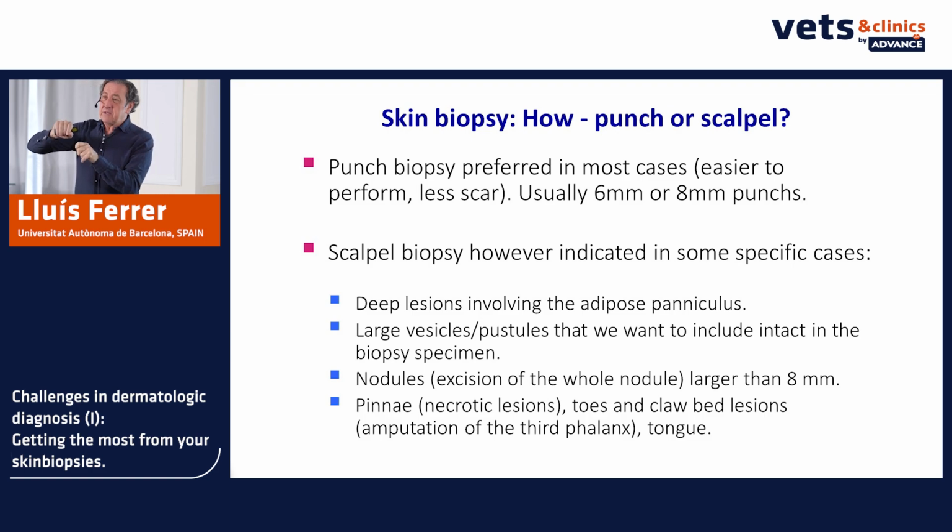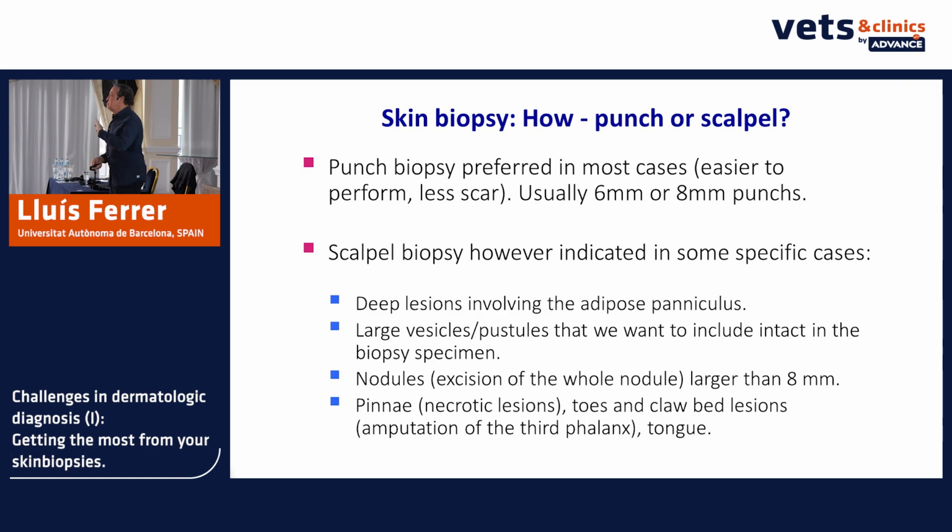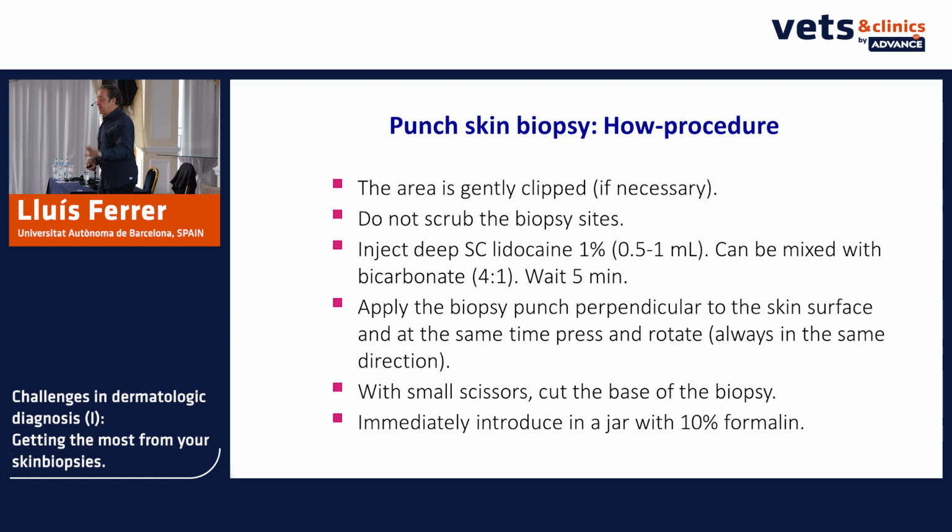And with the punch, you easily damage the cartilage, or in some cases you can go through the pinna. So with the scalpel, you control the depth of your biopsy better. So in these 4 situations, I tend to use the scalpel. In all the other situations, usually I go with the punch.